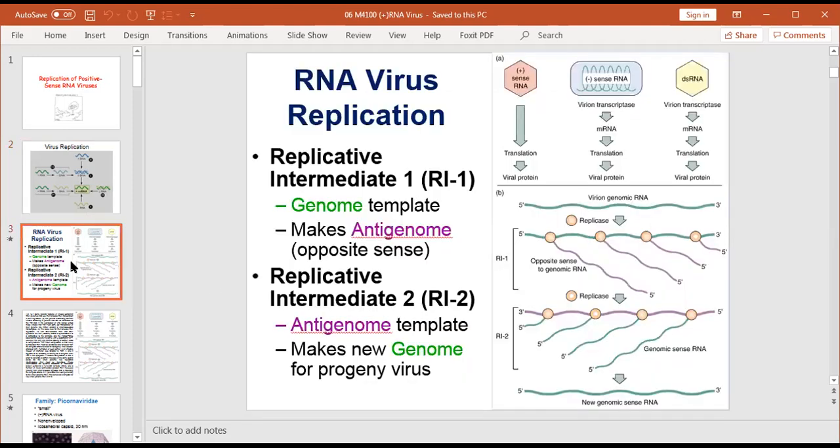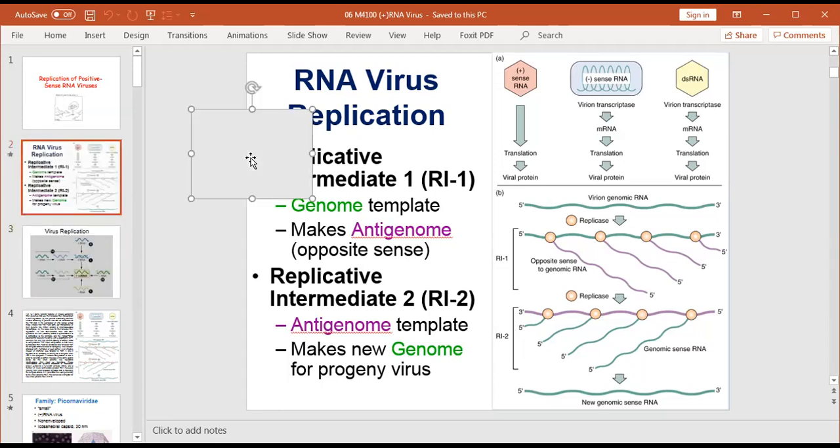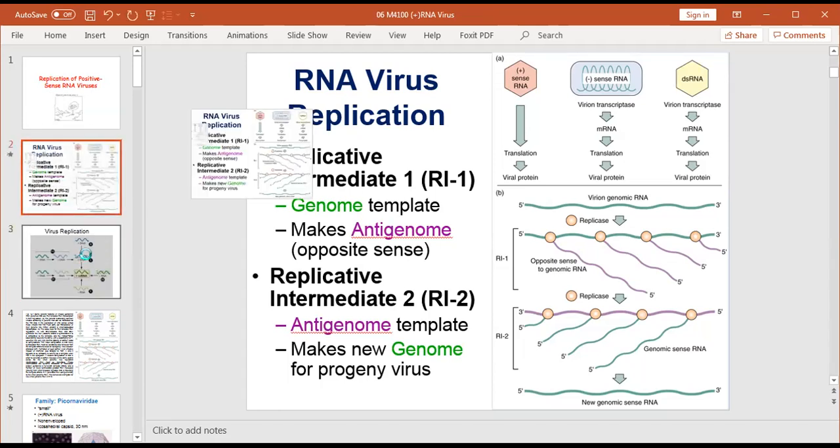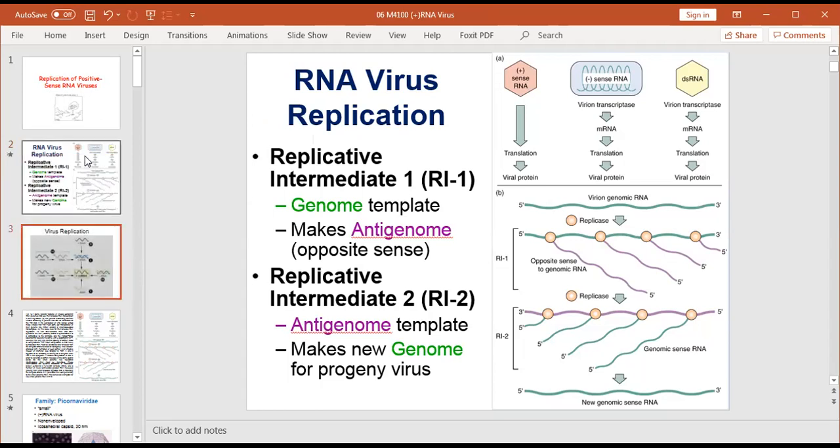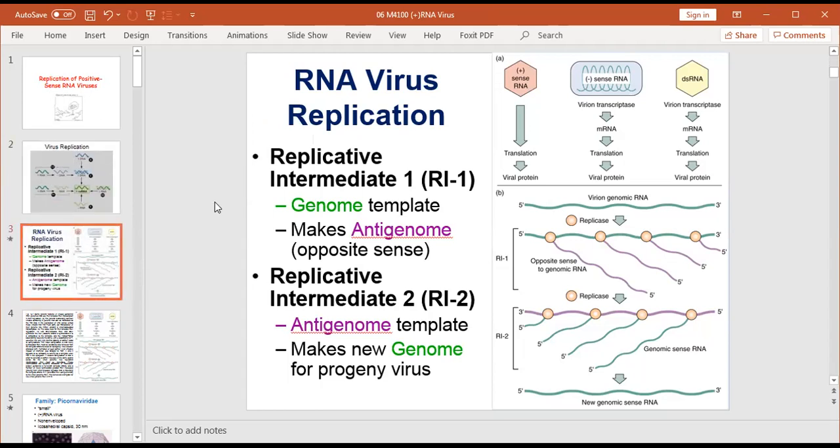So slide number 3 talks about RNA virus replication, those viruses whose genome is RNA. Basically, the way it works is that we have a process called replicative intermediate, or RI.